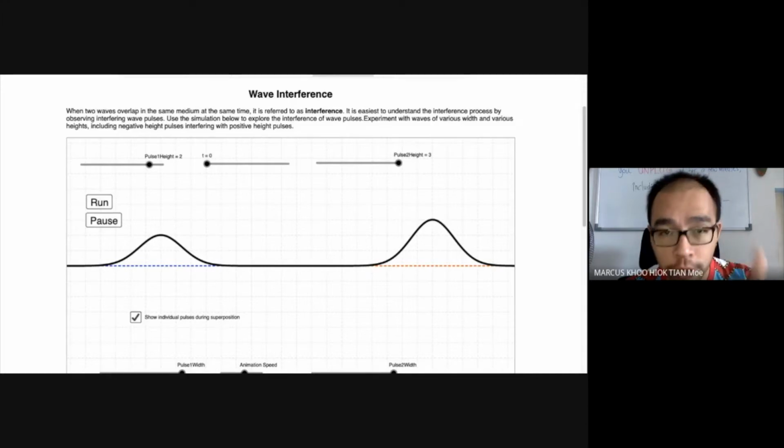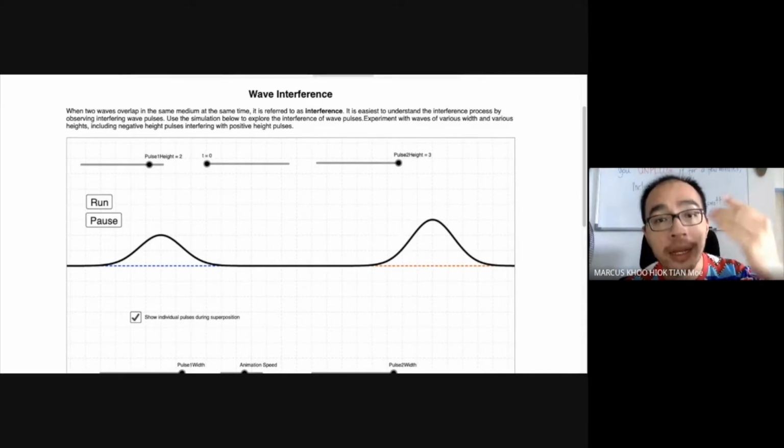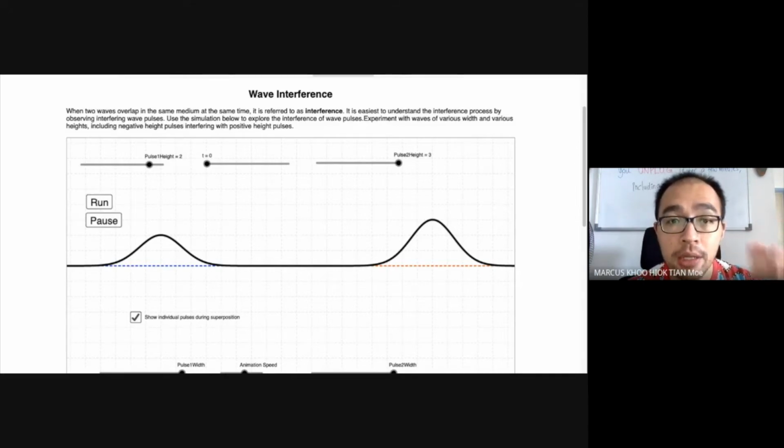And the word coherent, we will come to that in a little while. So interference is the superposition of two waves that come from coherent waves. Interference comes from the word interfere.